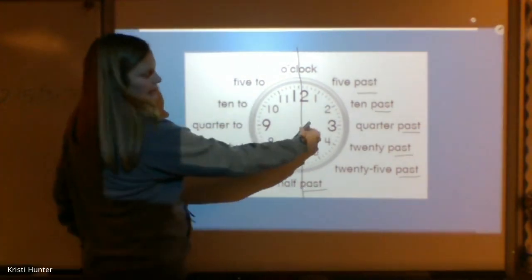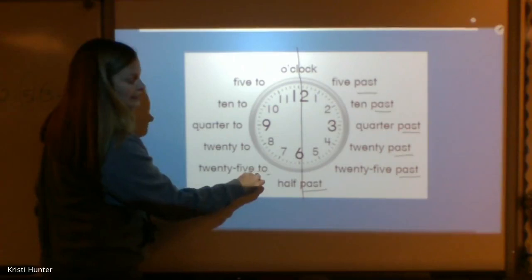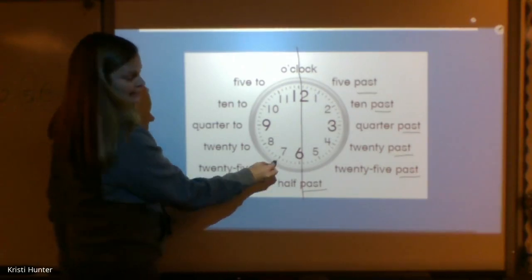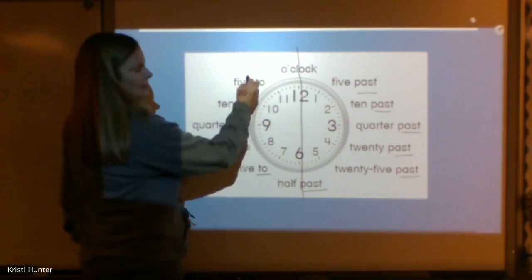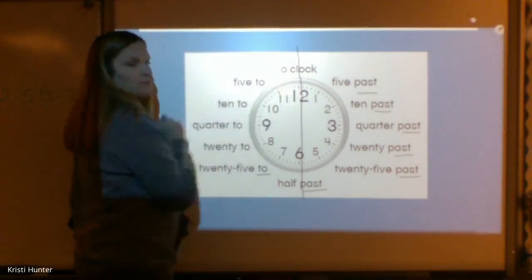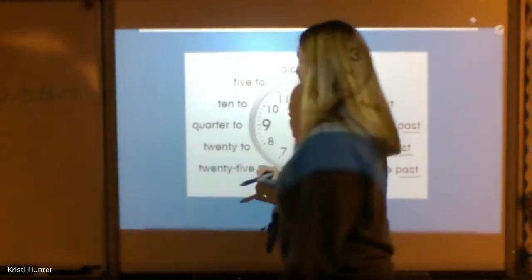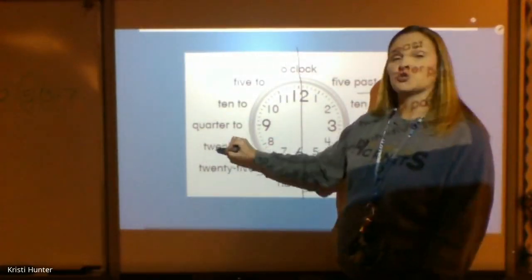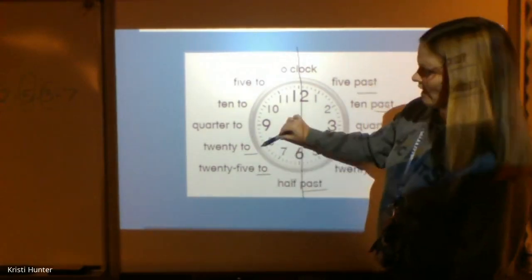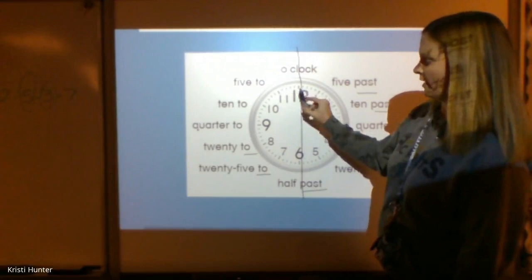So again, if my minute hand's pointed to the 7, I'm going to say it's 25 minutes to the next hour because I'm going to count 5, 10, 15, 20, 25 minutes to that next o'clock. Same thing if I'm pointing to the 8. 8 would be 20 minutes to that next o'clock because I would go 5, 10, 15, 20.